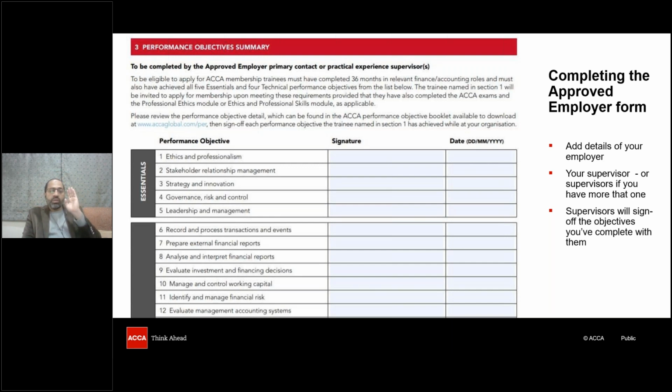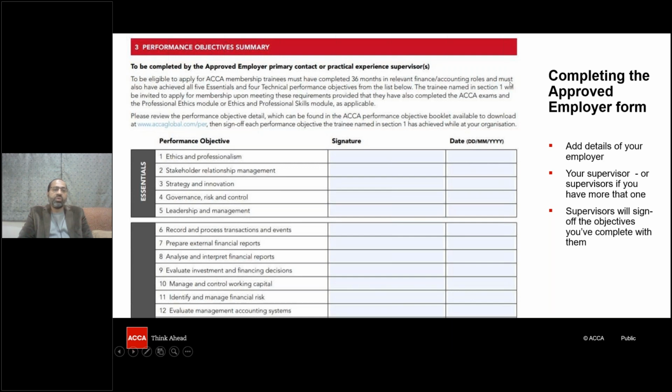What we're saying really is that at an approved employer, the practical experience supervisor would have been explained the performance objectives and their elements and the way they are to be signed off. So once you are done working at an approved employer, you can get this particular form signed off.